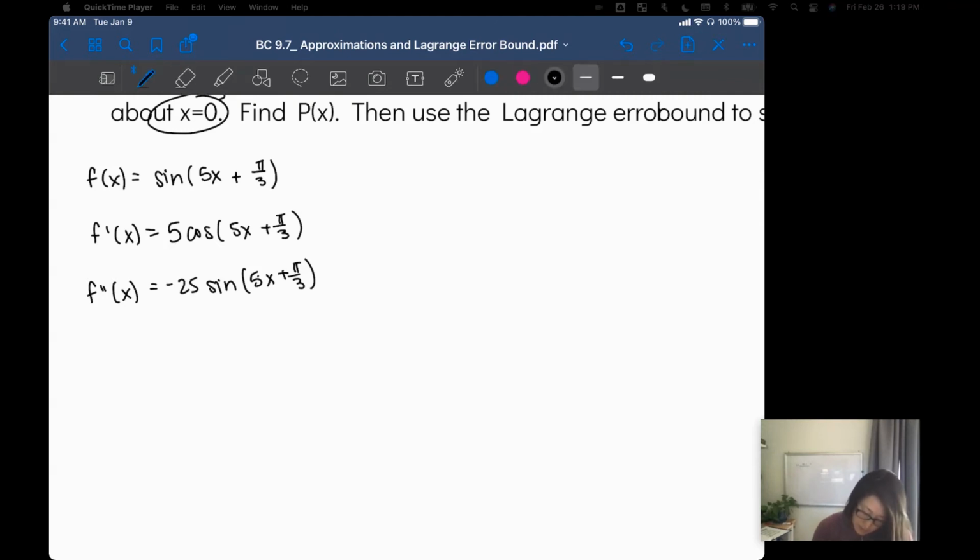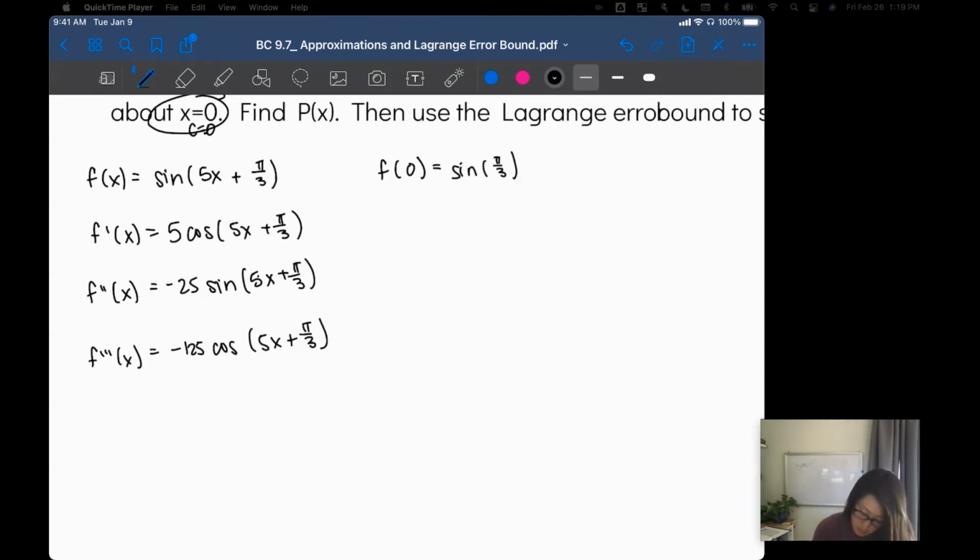Okay. And then f triple prime of x would give me negative cosine of 5x plus pi over 3. And 25 times 5 would give me 125. All right, we are centering around 0. So f of 0 is sine of pi over 3.